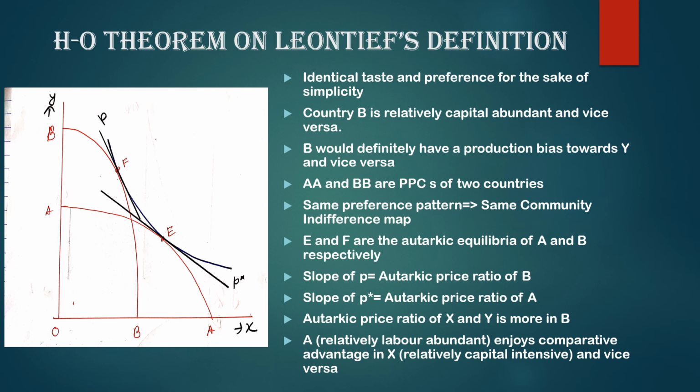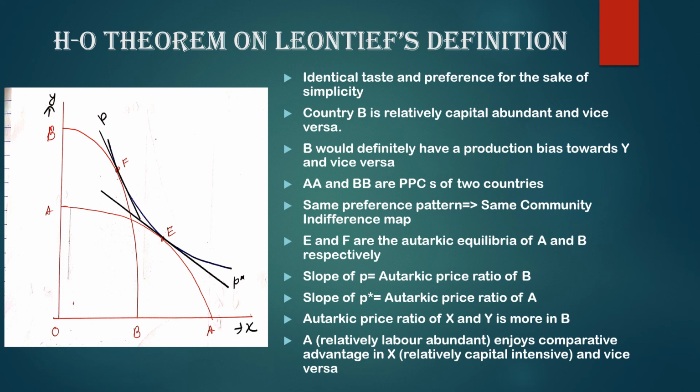So in this case, the slope of P represents the autarkic price ratio of country B, and the slope of P star represents the autarkic price ratio of country A. So now P is steeper than P star.